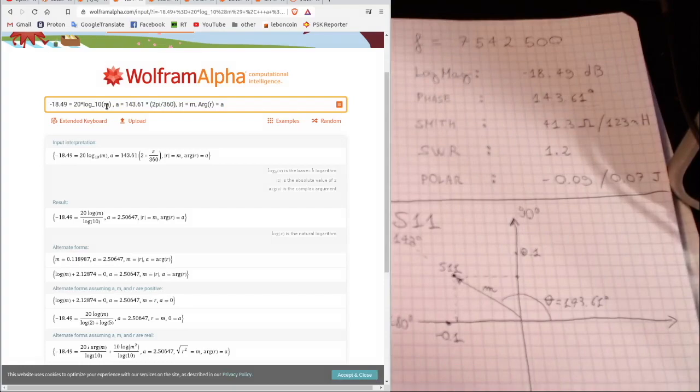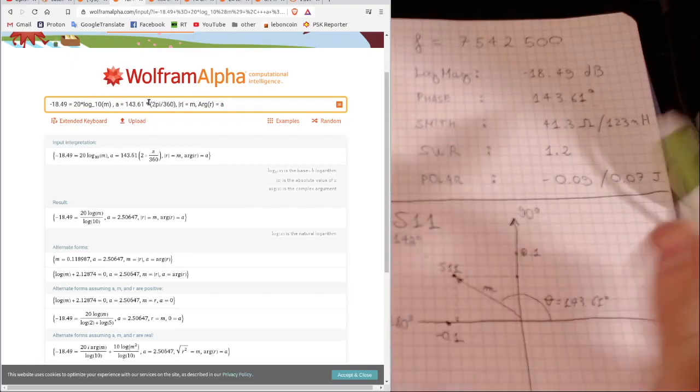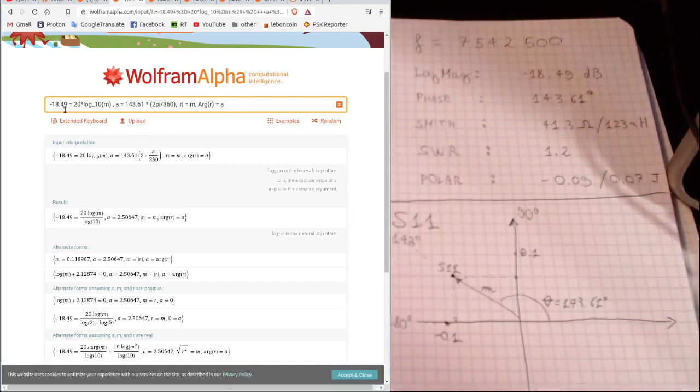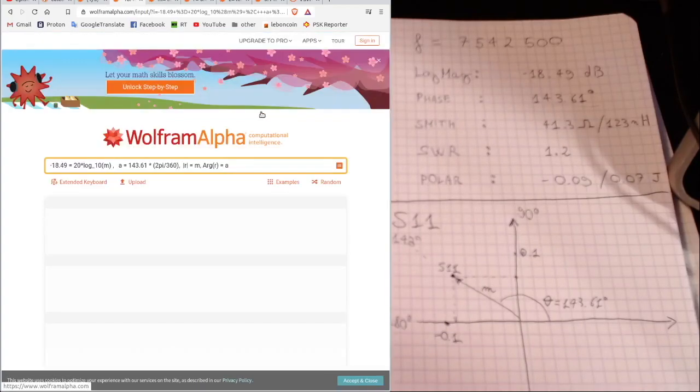The way to compute from m, so this length, we don't know at the moment, the way to compute log mag from that m is the following. Log mag is going to be 20 multiplied by the logarithm base 10 of m. Okay? So in Wolfram Alpha, I can just write this equation, and from this equation it will find the m. Let me press enter and see the calculation running.